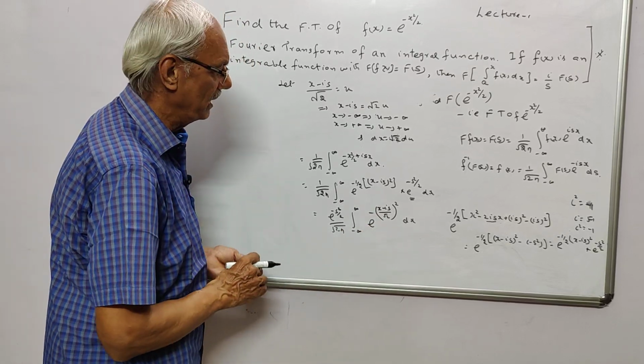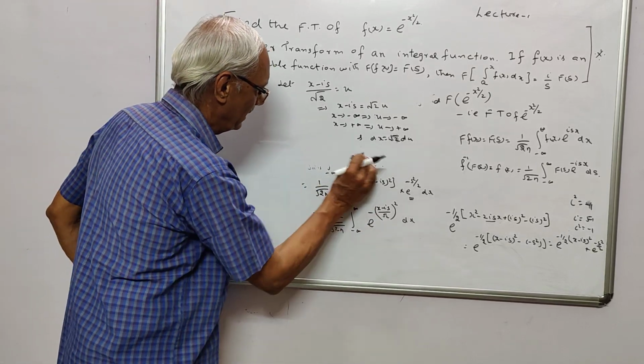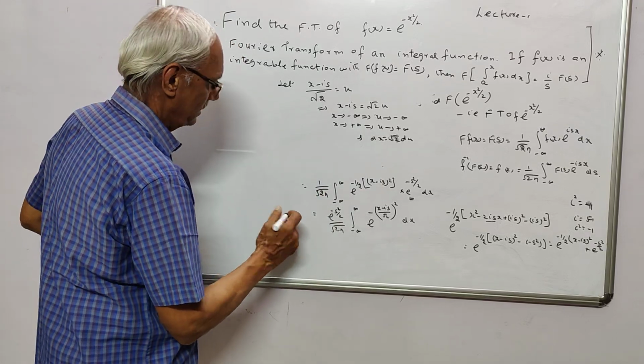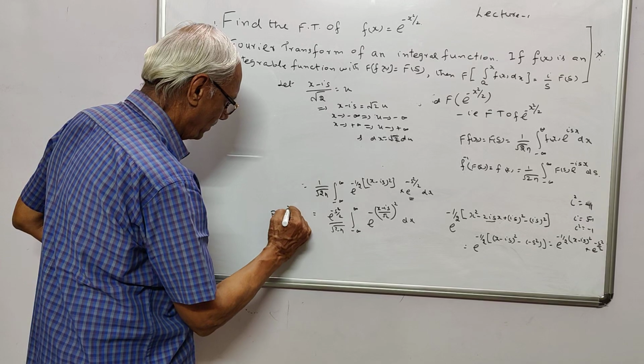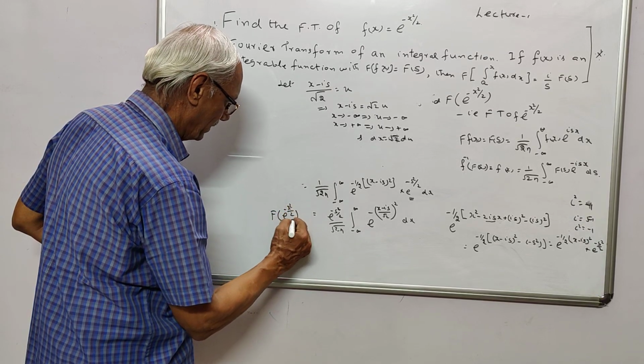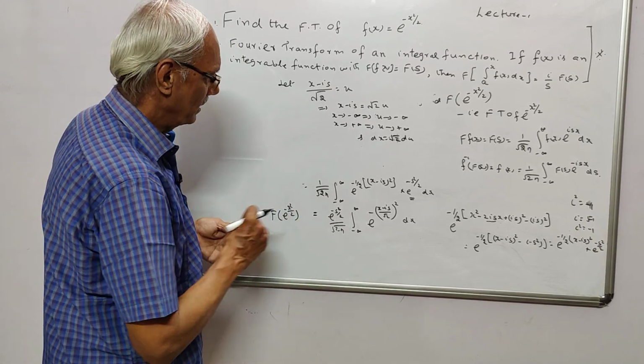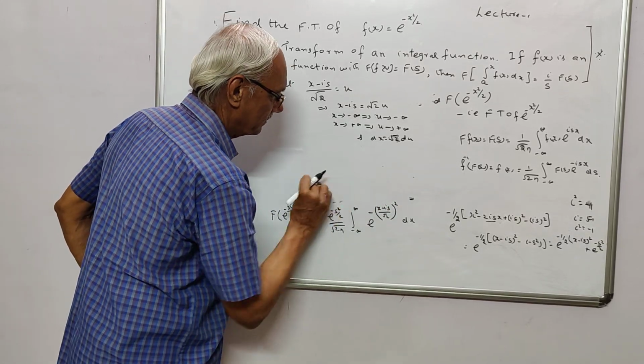Now you see that, these changes I will bring in here. That means change of variable I will do here. So what is it that you will get here? Let me call this F of e to the power of minus x squared by 2. Now I'll rewrite this.